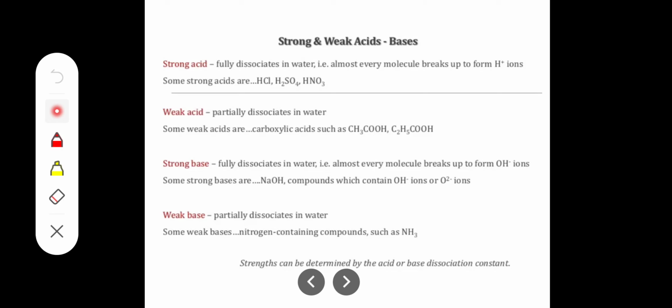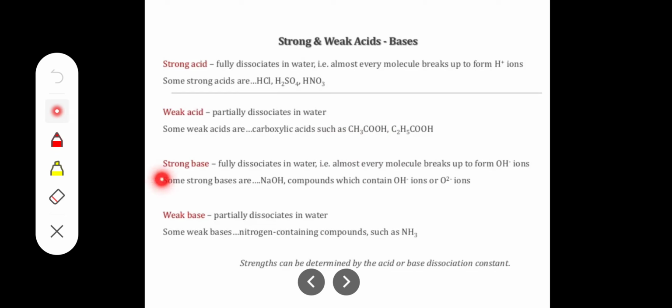Now, strong and weak acids and bases. Strong acids fully dissociate in water, and almost every molecule breaks up to form hydrogen ions. Some strong acids are hydrochloric acid, H2SO4 sulfuric acid, HNO3 nitric acid and others. Weak acids partially dissociate in water; some weak acids are carboxylic acids.